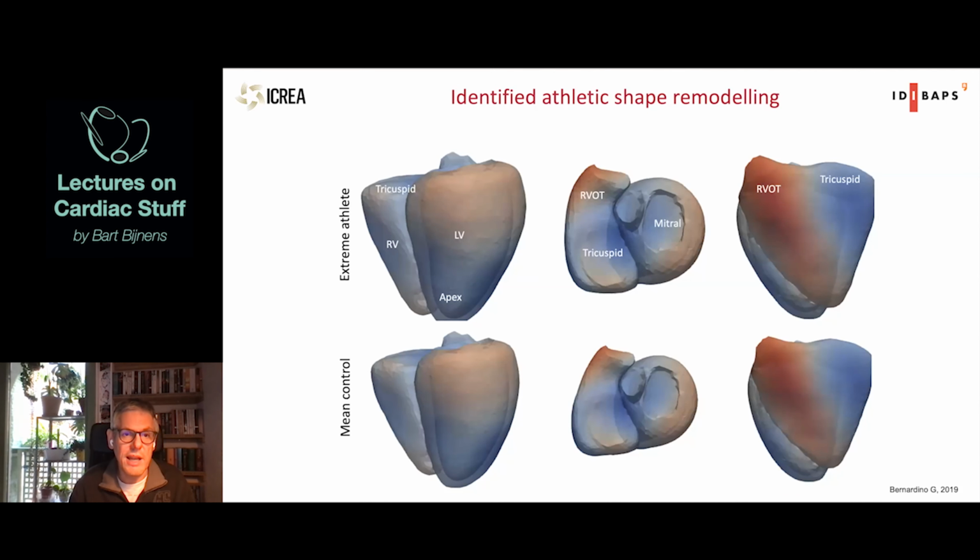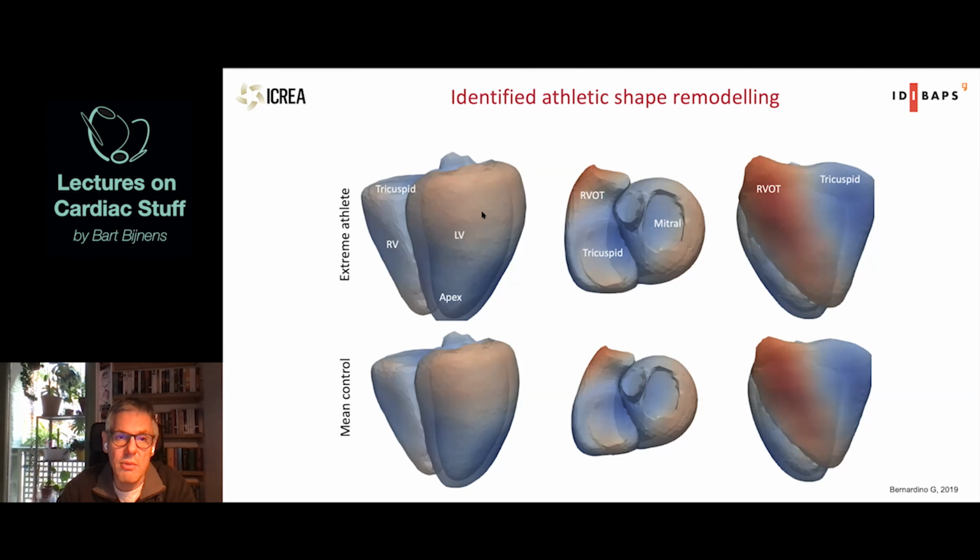And then Gabrielle did a very nice study looking at the geometry of athletes, trying to see with statistical shape analysis whether you could find a specific shape change of athletes, which is then potentially also related to the amount of exercise that they can do, or their oxygen consumption or potential to increase this during exercise.